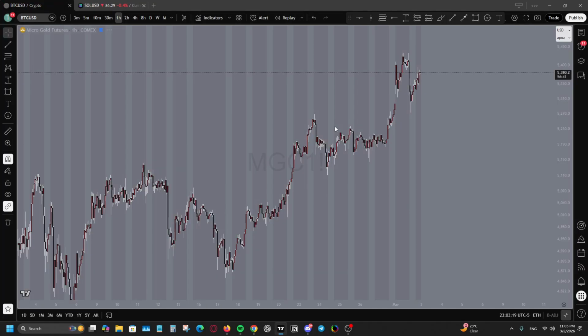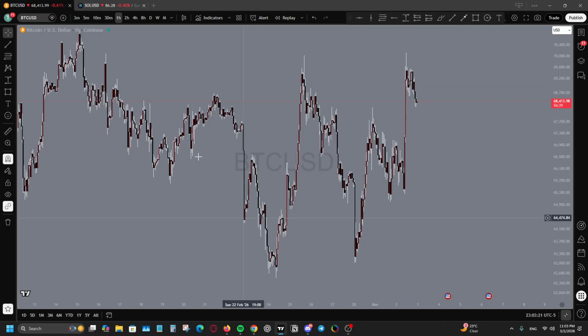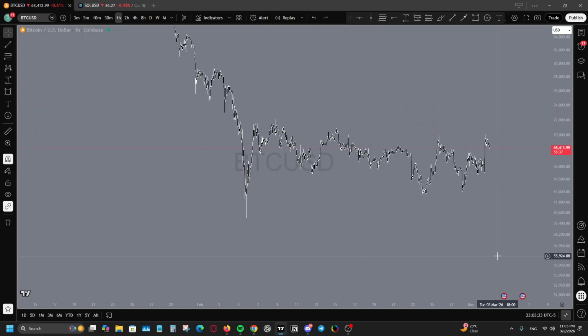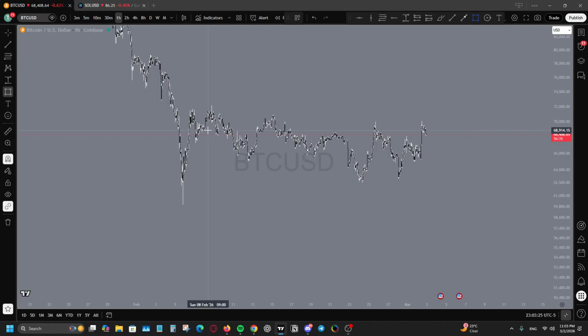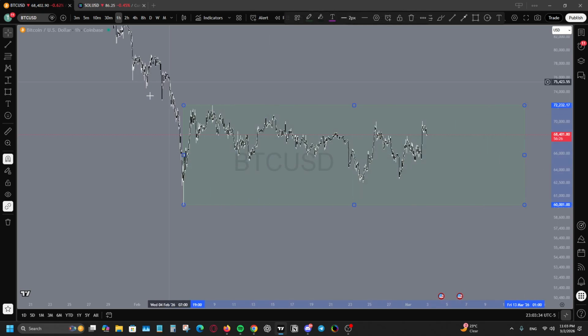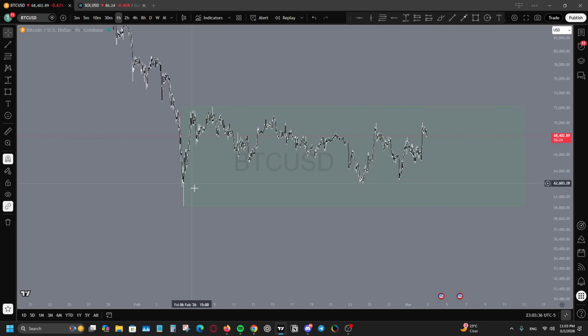I know that Bitcoin also has a nice sideways trend. So let me zoom out here and look at this, guys. Up segment, right? I just need this. I don't really mind about all the other segments, because I know that all of this price has been trading within this range.